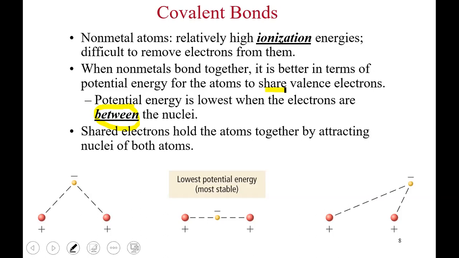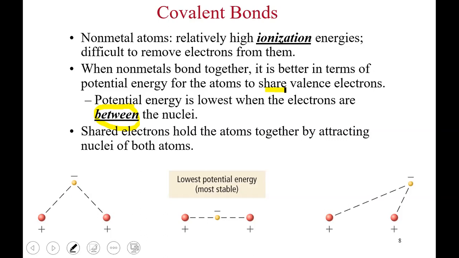So you can see here the three diagrams in the bottom. And again, remember, these are sketches. Let's say that I have an electron, which I've put a negative sign on it, and two nuclei, each with a positive charge on it. Remember, the electron would benefit from being in interaction with both of them at the same time.